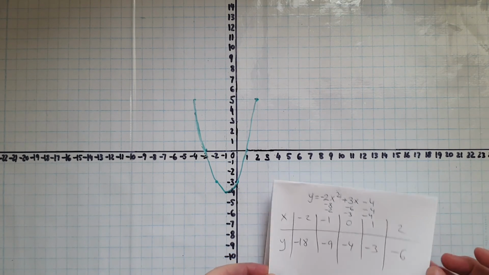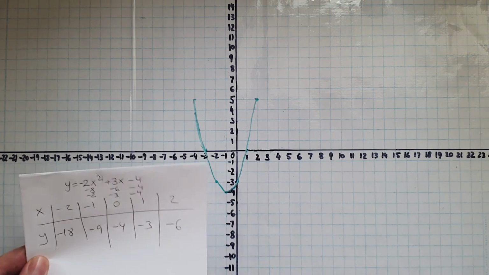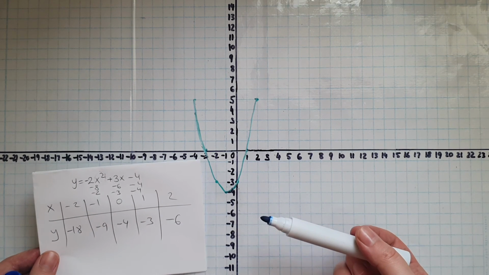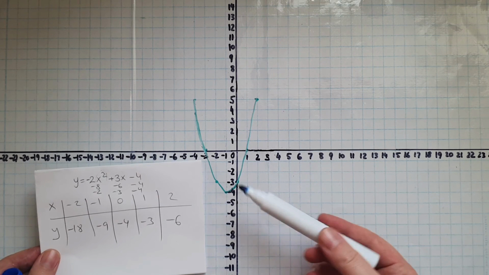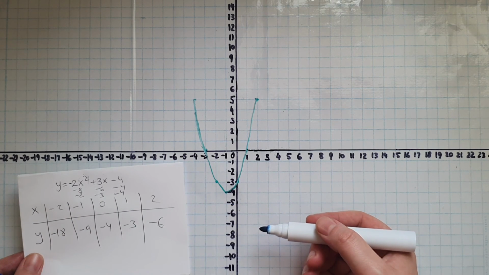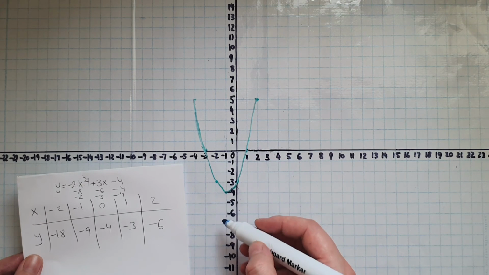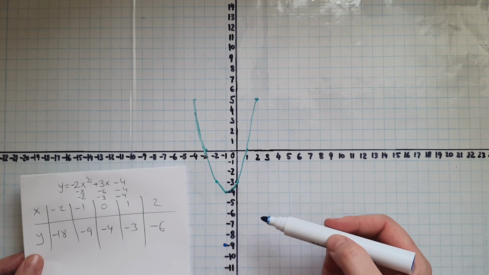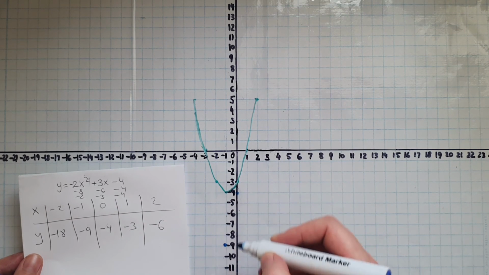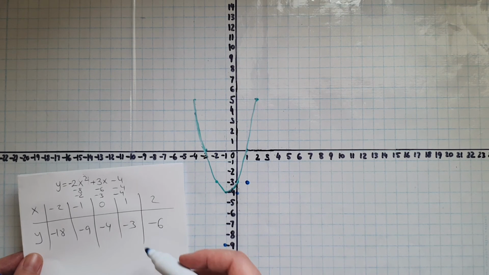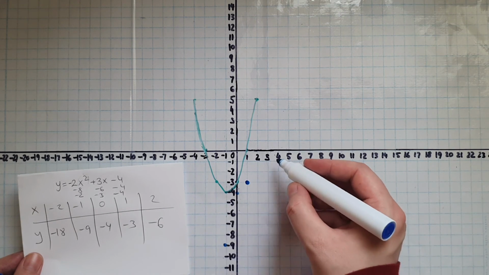So we've got negative 2, negative 18, which we can't show on this graph. We've got negative 1, negative 9. So negative 1, negative 9 is here. 0, negative 4. 1, negative 3. 2, negative 6.